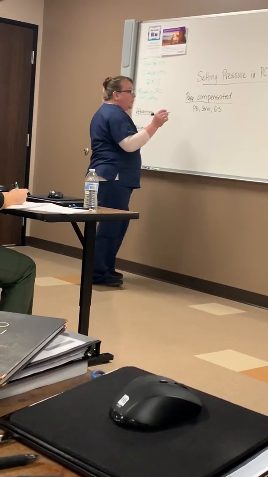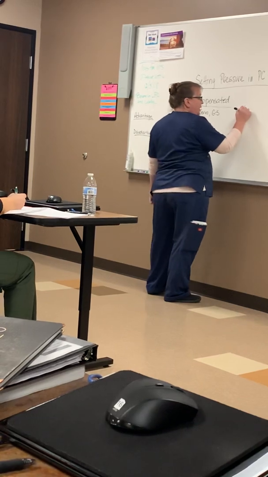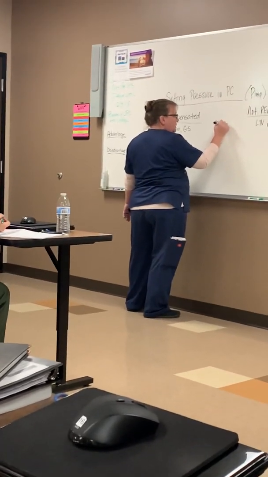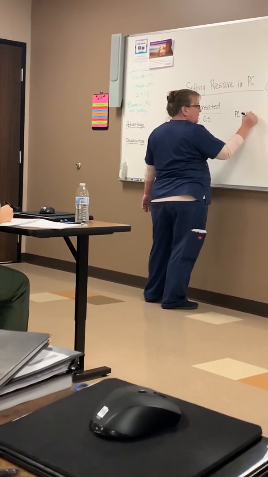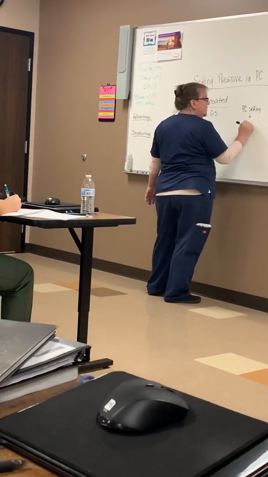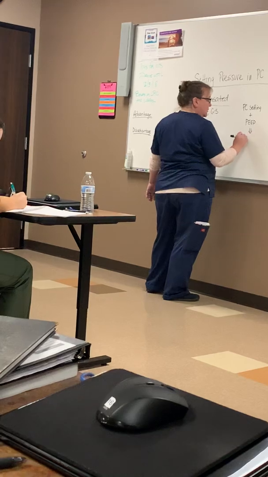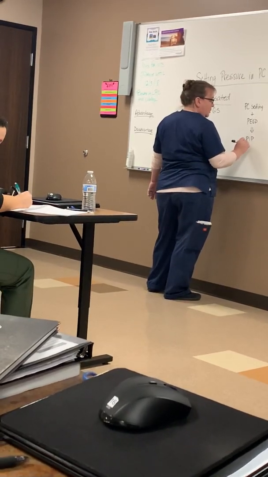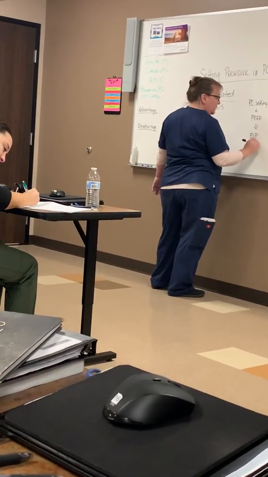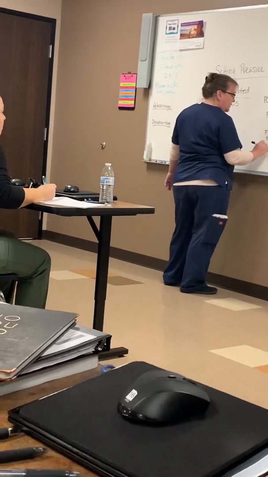So what you have to remember is your pressure control setting plus your PEEP equal the PIP or the P-peak or whatever you want to call it. The peak inspiratory pressure.